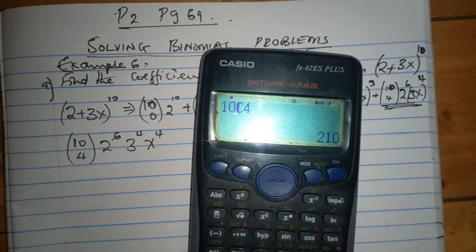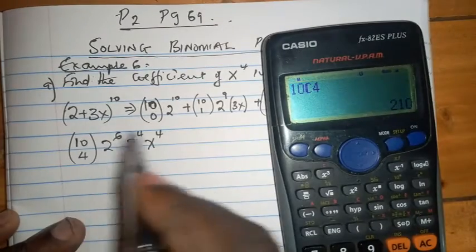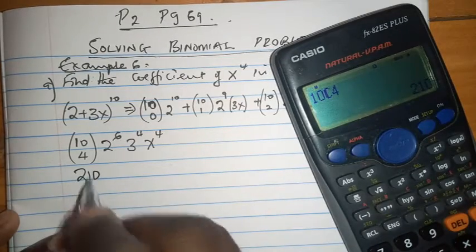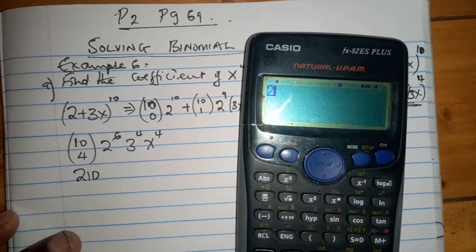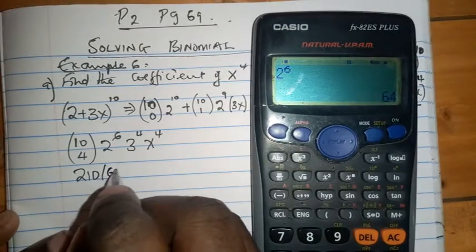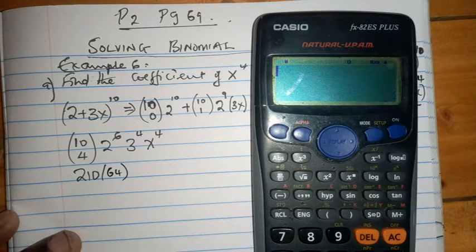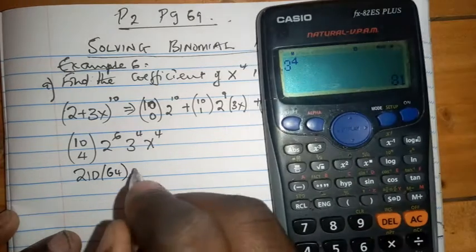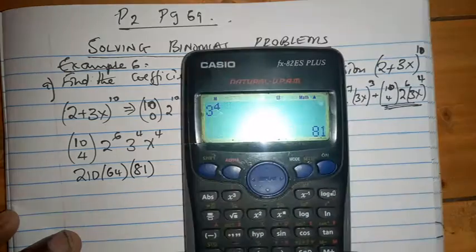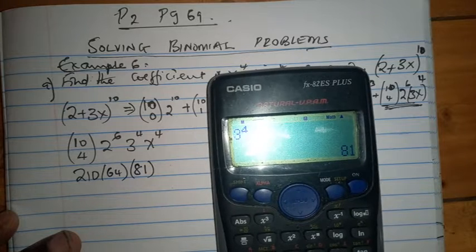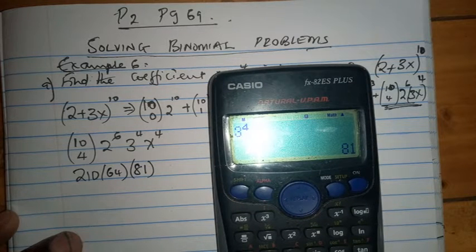We go to the calculator, 10, shift nCr, 4, which becomes 210. This is 210 multiplied by 2 raised to power 6, which is 64, multiplied by 3 raised to power 4, which is 81.